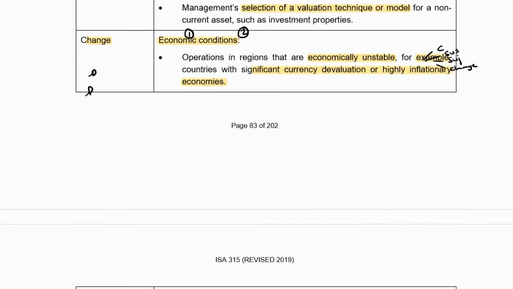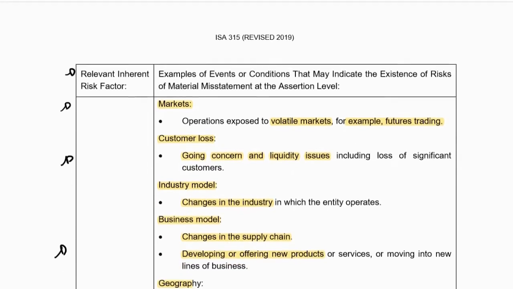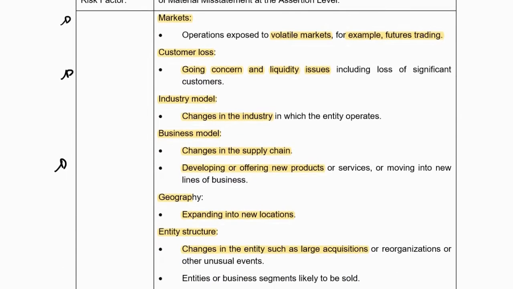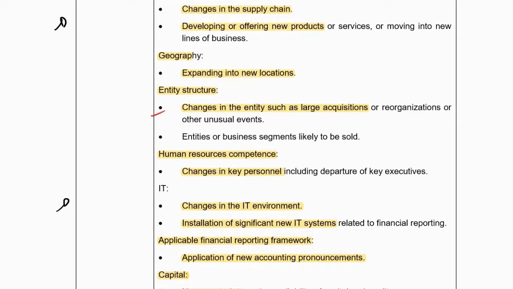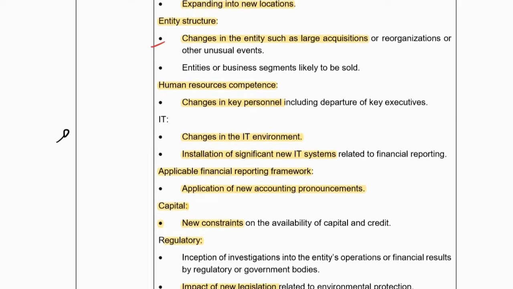Economic conditions, if it's unstable, that's a risk at the financial statement level. Your market, any going concern issues, we had some. Entity structure changes, that's going to be a concern at a financial statement level.